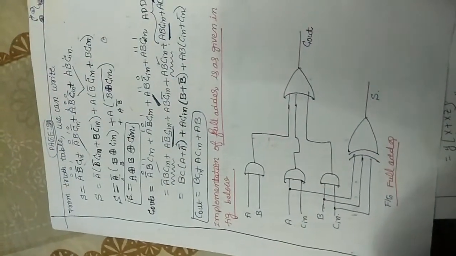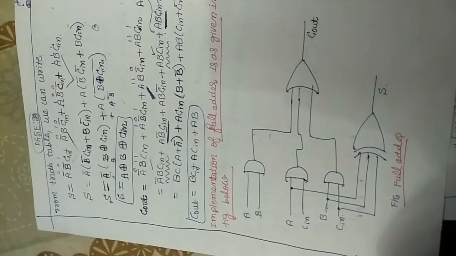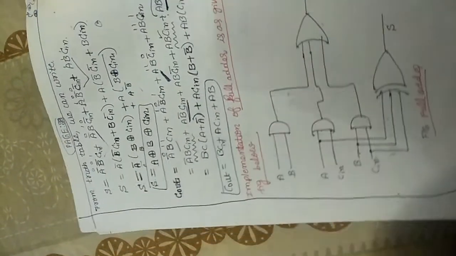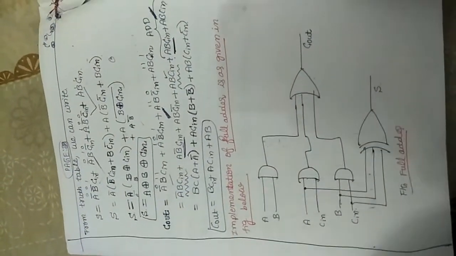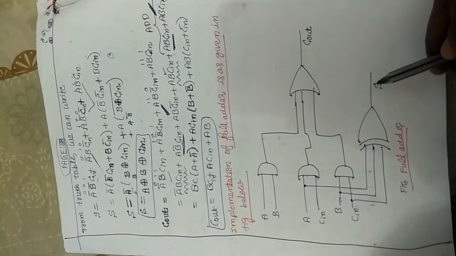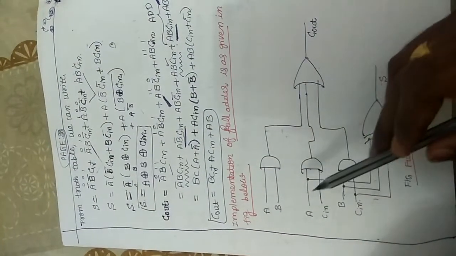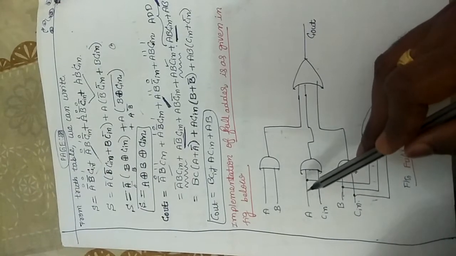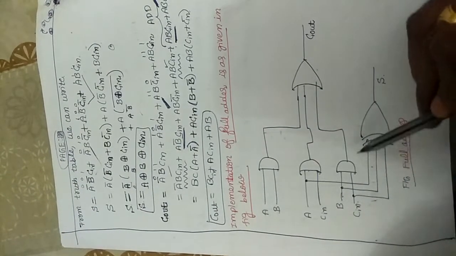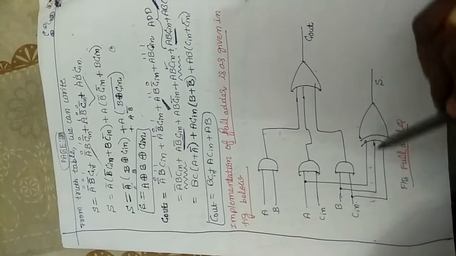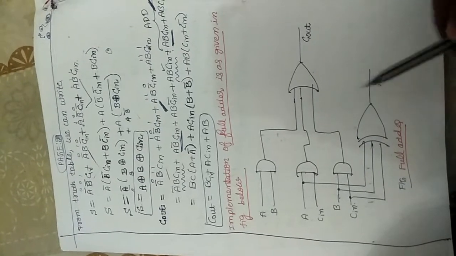Now you have to implement the full adder using logic gates. As you all know, the sum is nothing but the XOR of all 3 components. Therefore, A, B, C in go to a 3 input XOR gate.